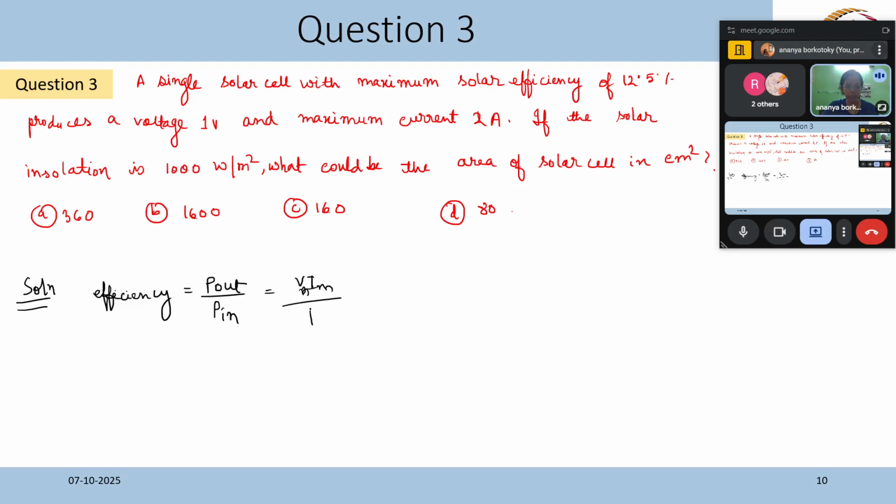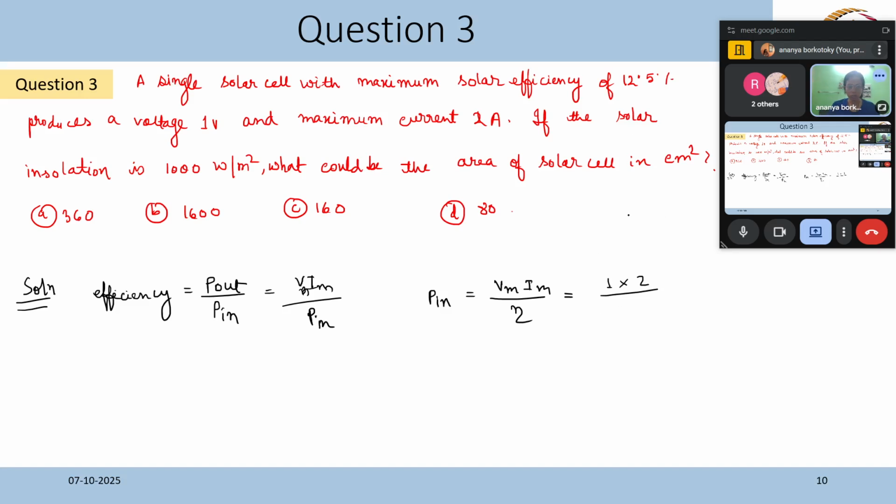And input power is the light power that is incident. So my P in will be Vm Im by eta, since efficiency is given to us. Vm is 1 volt and Im is 2.